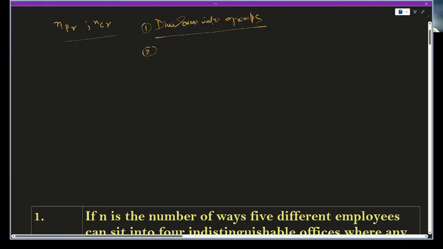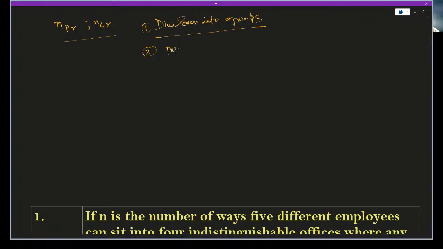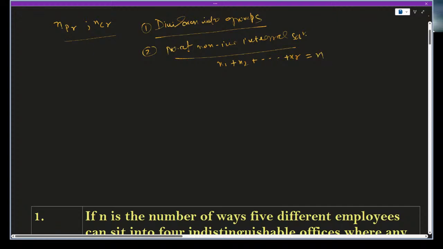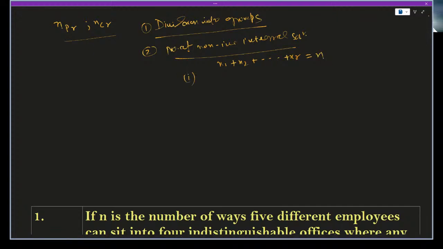And number two, the number of non-negative integral solutions of the equation x1 plus x2 plus ... xr equal to n, under the condition that xi's are greater than or equal to 0, and also xi's greater than or equal to 1.